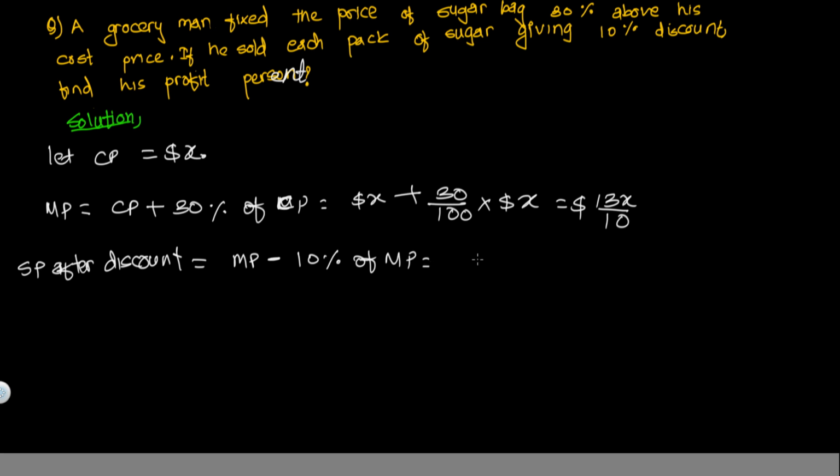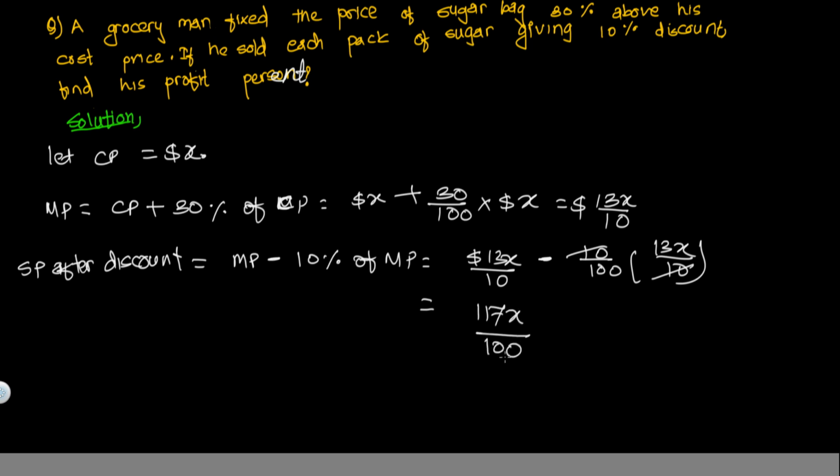So our MP is $13x over 10 minus 10% of discount, which is 10 over 100 of the same MP, 13x over 10. So this 10 is gone. If we solve it, we're gonna get $117x over 100.